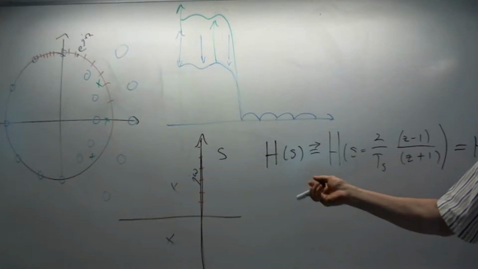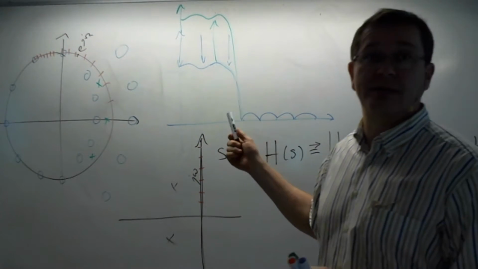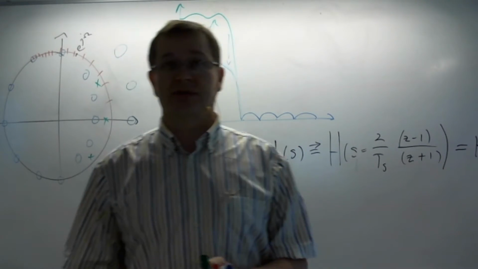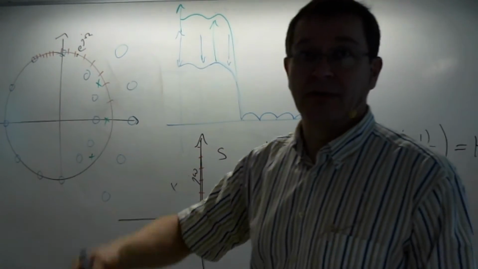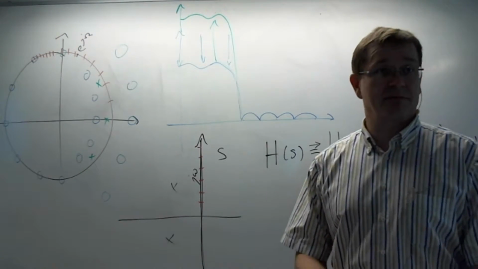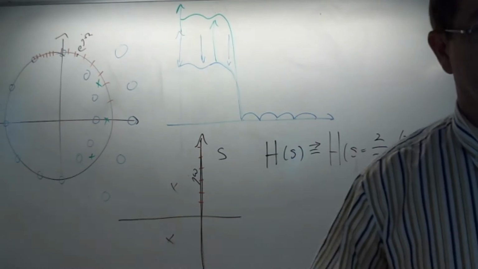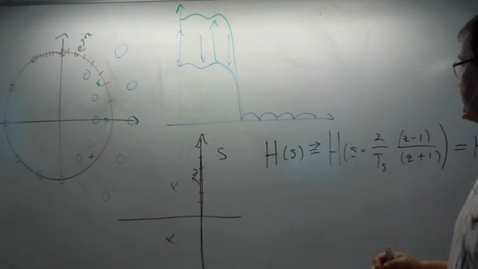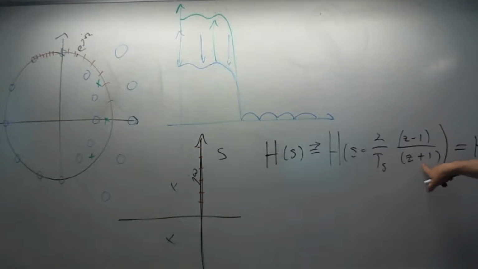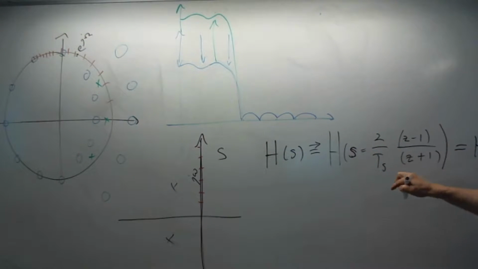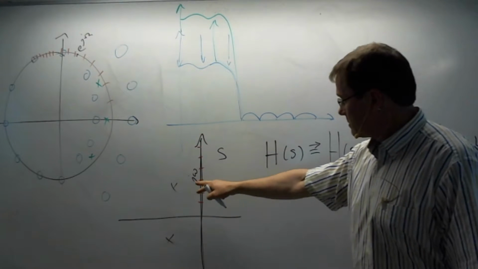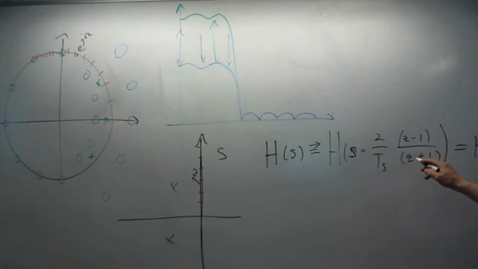And it actually works with any system which has an analog transfer function, any continuous time system, pendulums or motors or whatever you have. You just bilinear transform that one and you have the digital model of the system. If you have a first order system in the analog domain, then you also get a first order system in the digital domain.